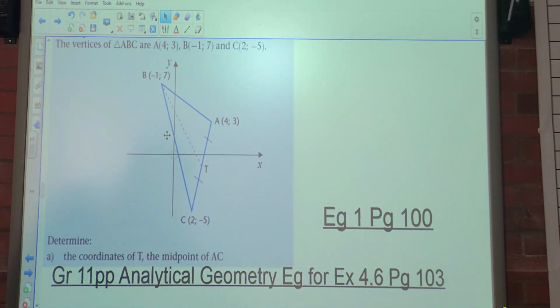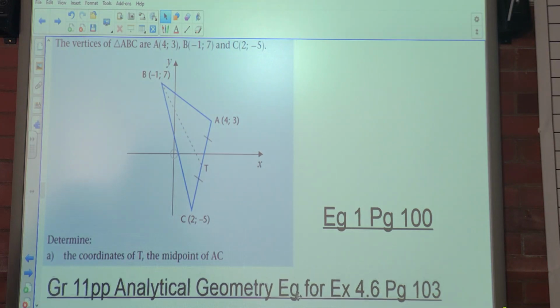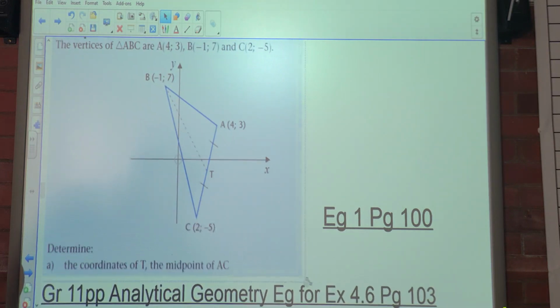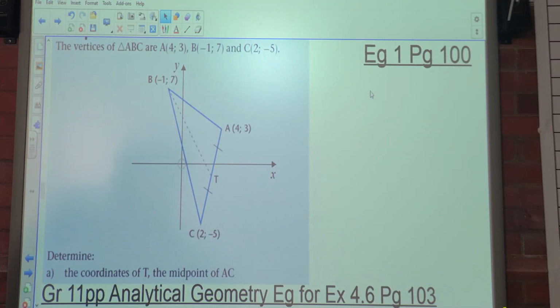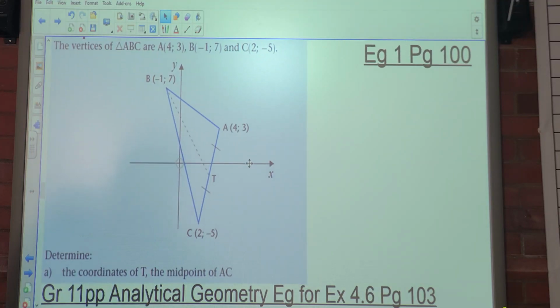Here we're told the vertices of a triangle. The vertices are the endpoints of a triangle ABC: A is (4, 3), B is (-1, 7), and C is (2, -5). The question says, determine the coordinates of T, the midpoint of AC.